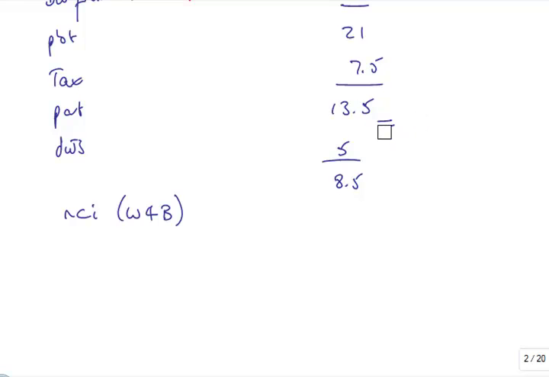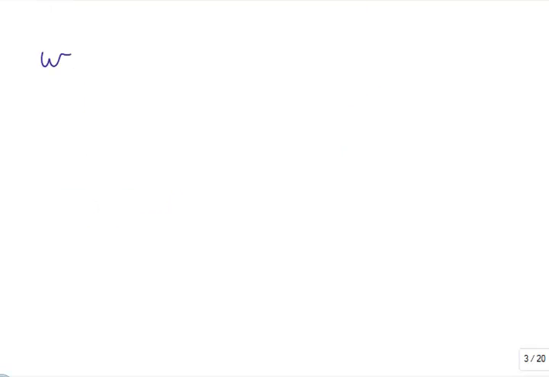Working 4B. What did our NCI want for the balance sheet? What did they want for working 4A? They wanted their share of subsidiary net assets at fair value at the year end. What do you think they want from the income statement?